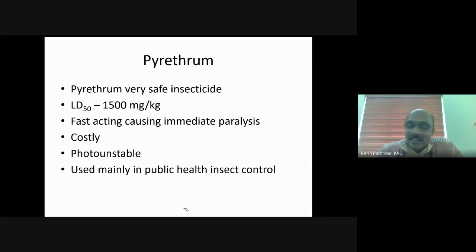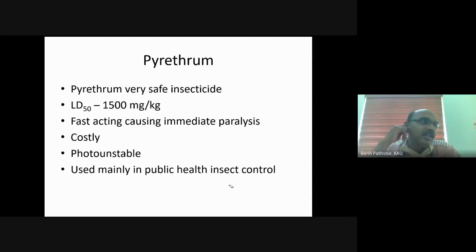But take the case of a diamide insecticide, you'll get the results after 3 days. We had an experience in 2008-9, when flubendiamide was first introduced in the Kerala market. We had a huge outbreak of leaf folder in one part of Malappuram district, and one of my friends was working there as agriculture officer, and he asked what pesticide should be sprayed.